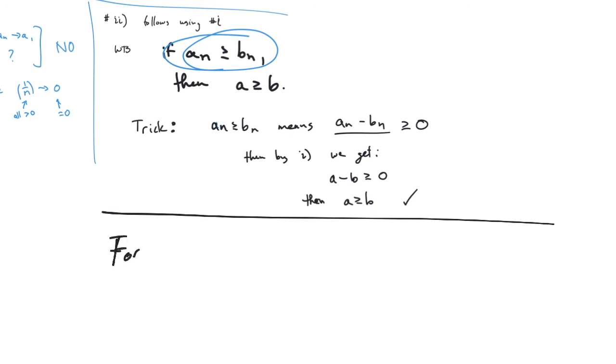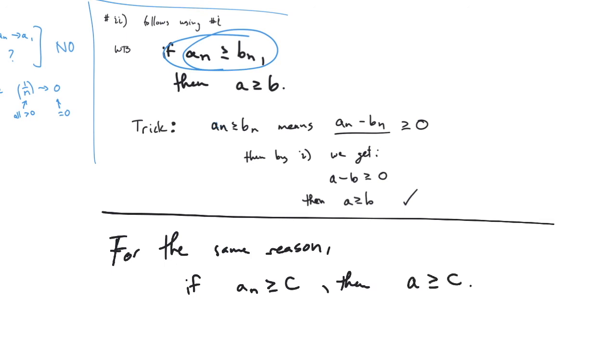For the same reason, I don't want to go through the proof of this, but if an is bigger than or equal to c for some other constant, it doesn't have to be 0. 0 is not a special number in this sense. Then the limit a is greater than or equal to c. All right? This is true for any c, a real number.